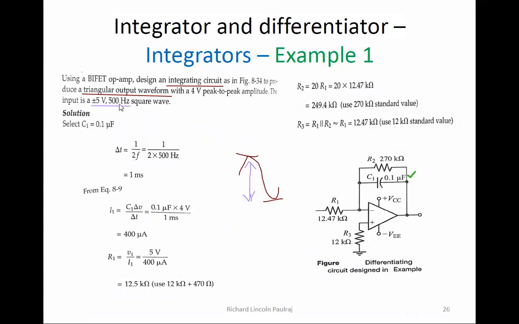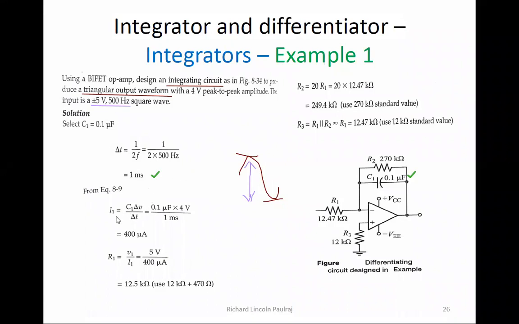So 1 divided by 2 into 500 hertz, which is 1 divided by 1000, since 500 into 2 is 1000. So that becomes 1 millisecond.